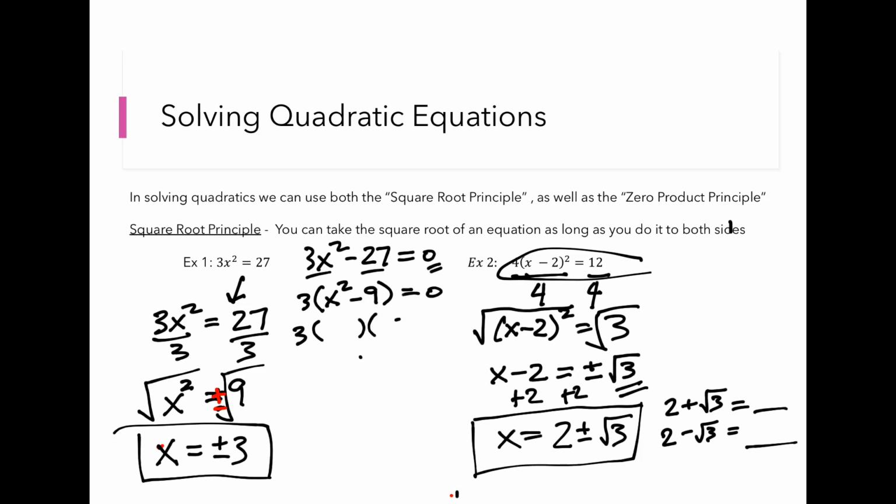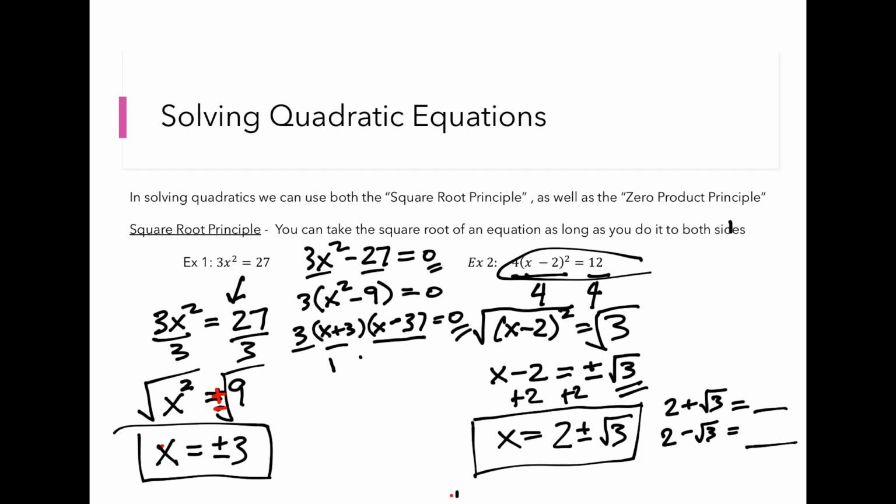And x squared minus 9 is a special thing. It's a difference of two perfect squares, which always factors out to be x plus 3, x minus 3. And so now I have three things being multiplied. This times this times this. And my idea is, what could I plug in for x to actually yield 0?